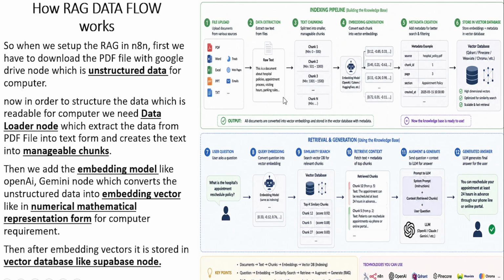So the data loader node does the text chunking, and then we add the embedding model like OpenAI, Gemini to convert the unstructured data into an embedding vector, a numerical mathematical representation form for computer requirement. Our vector database needs the raw text in vector embedding form, or mathematical numerical representation form, so that it can be stored in the vector database. After we successfully create the embedding vectors, they can be stored in the vector database.